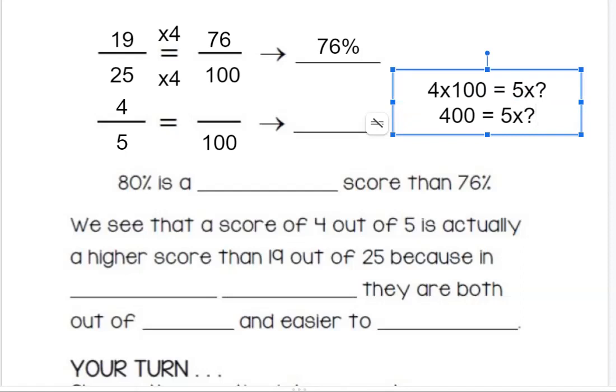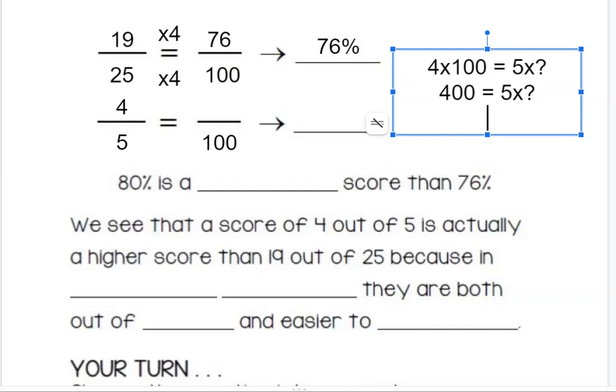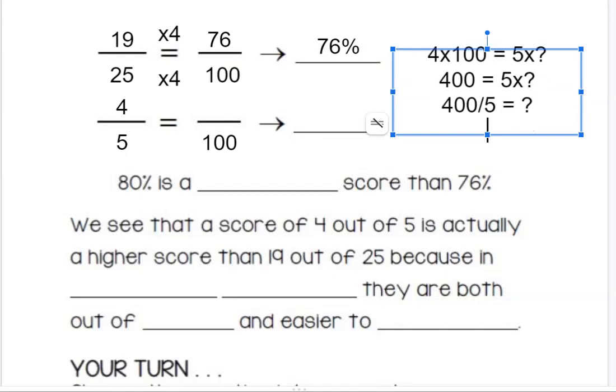How do we figure that out? Well, this is where we use equation solving and think about working backwards. So if 5 times something equals 400, then 400 divided by 5 will equal the something. So we do 400 divided by 5, and we get that that is 80.